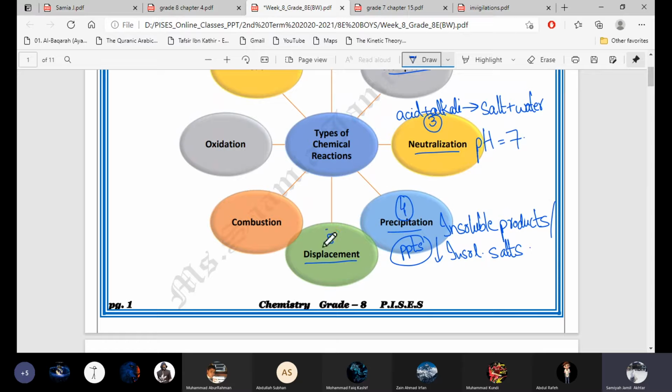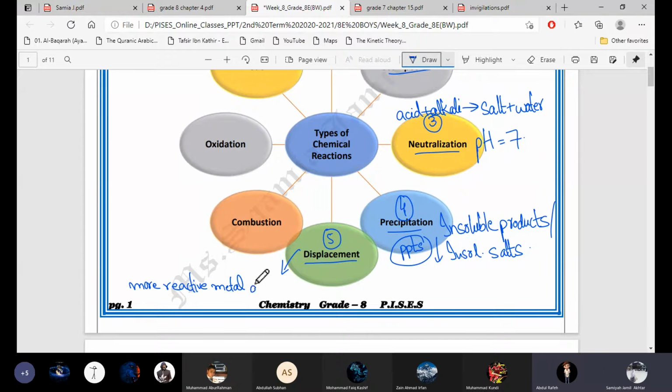Then we have displacement reaction, fifth type. Displacement reaction is one in which we displace substances, but which substance will displace? A less reactive one will be displaced by a more reactive one. Yes, very good. Can you all see the screen?